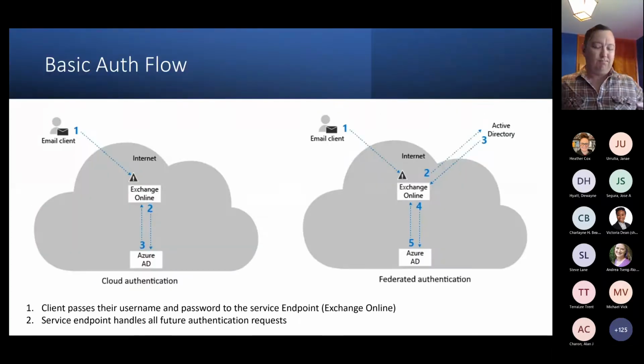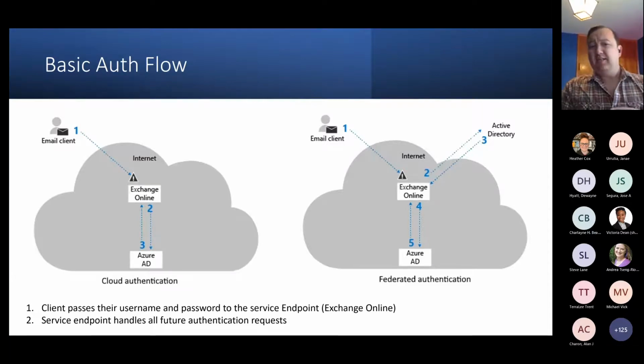So I've got a real brief couple of diagrams to explain what I'm talking about when I say how limited basic auth is. With basic authentication, your mail client has your credentials. It reaches out, it talks to an endpoint like an Exchange Online server, and all it knows how to do is just blurt out that password to the first server it talks to. So your mail client says to Exchange Online, hey, here's my password, take it, go authenticate me and give me my email.